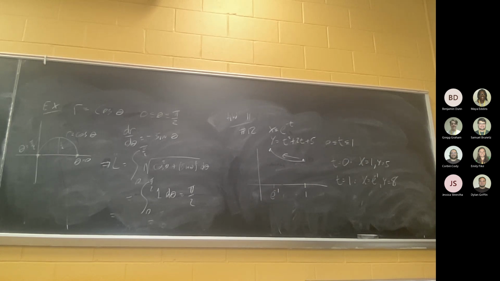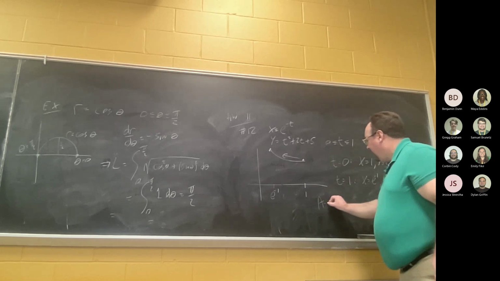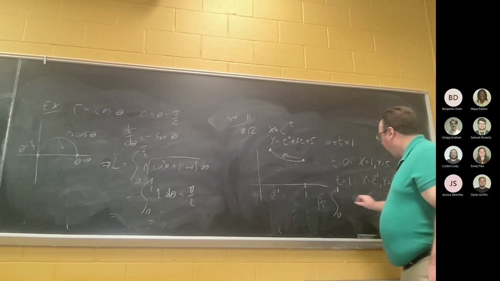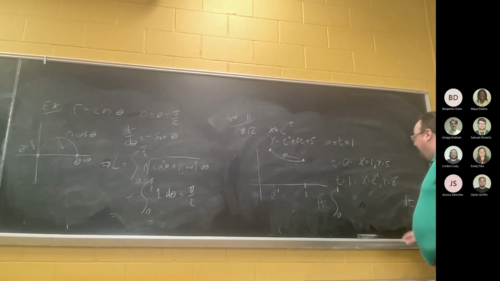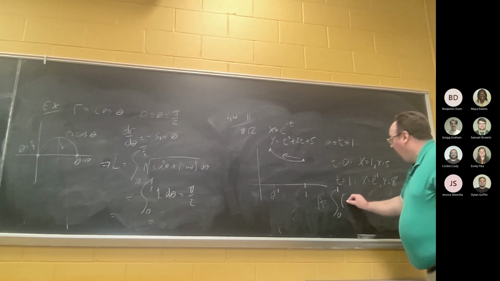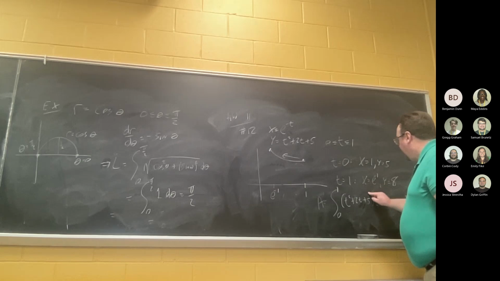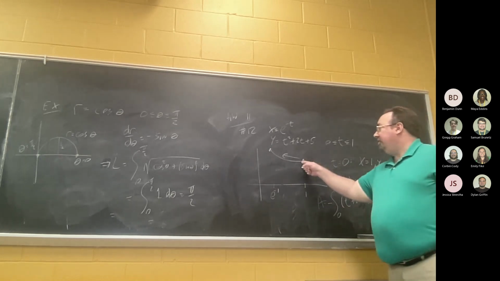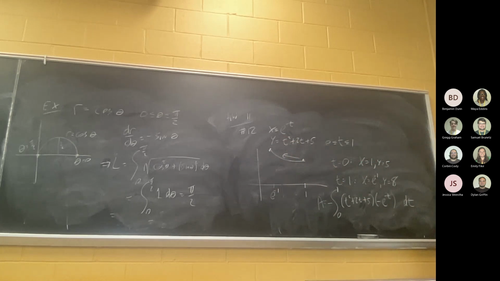The area is the integral from 0 to 1 in t of y times dx dt, but with a minus because the curve is traced out from right to left. So the minuses just cancel out. Is this the integral you set up?